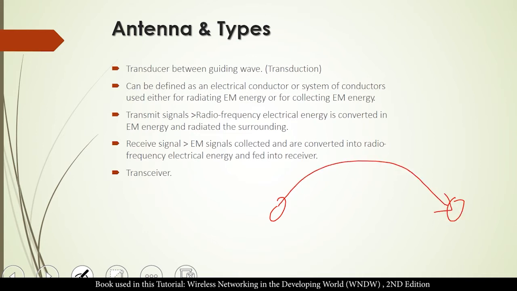And these antennas are transducers, because they are capable of converting energy from one form into another. In this case, it can convert energy from electrical signals to electromagnetic waves, which can travel even in a vacuum, because they don't need any physical medium to move.